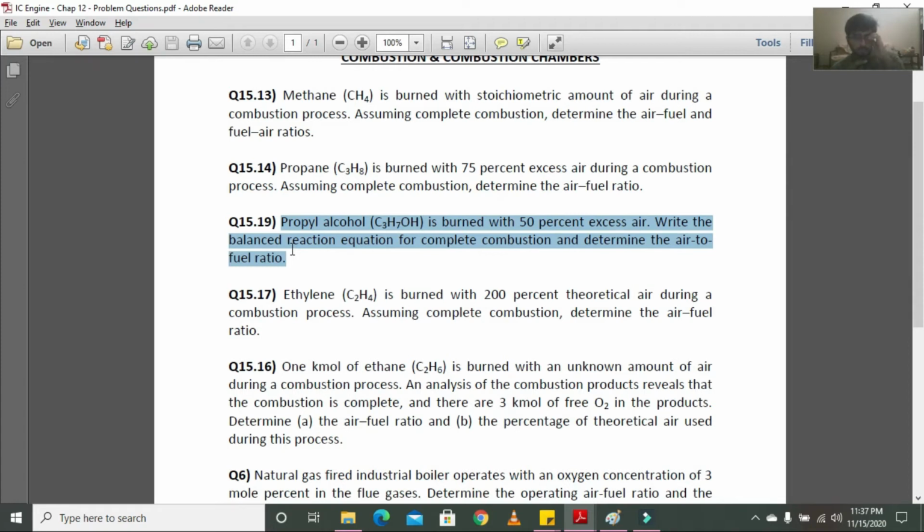In this question we have propyl alcohol, and it is being burned with 50% of the excess air. You have to write down the balanced equation for the reaction if we have a complete combustion, and determine the air fuel ratio as well. So we have to do two things here: the balanced equation and the air fuel ratio, which we have already done in the previous three questions.